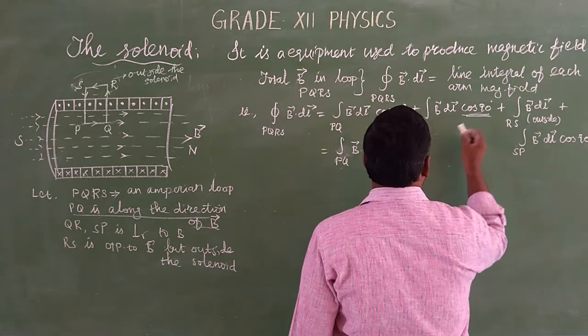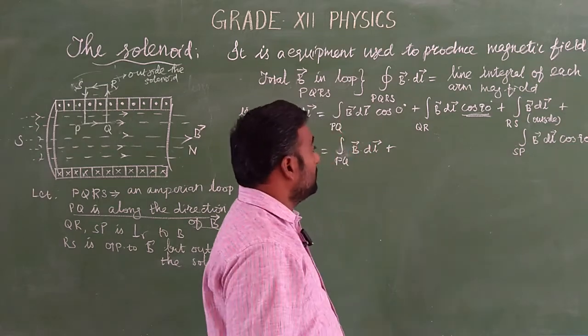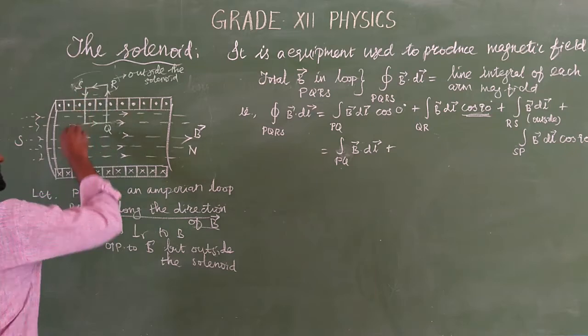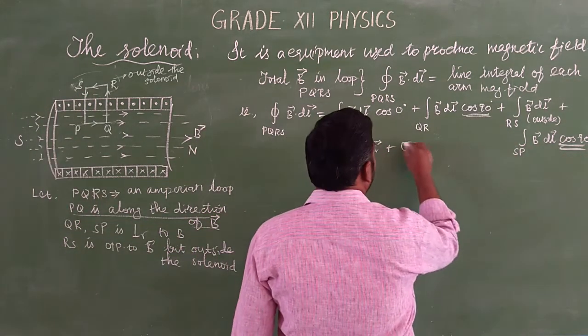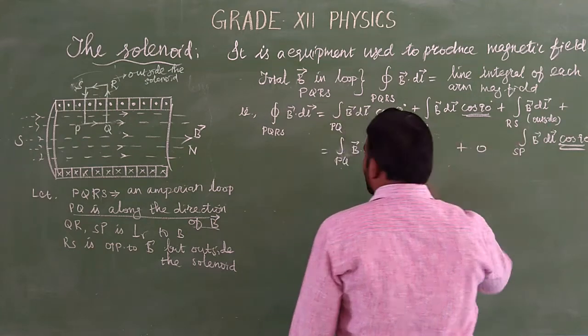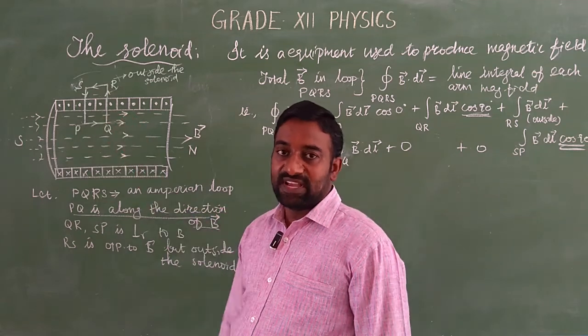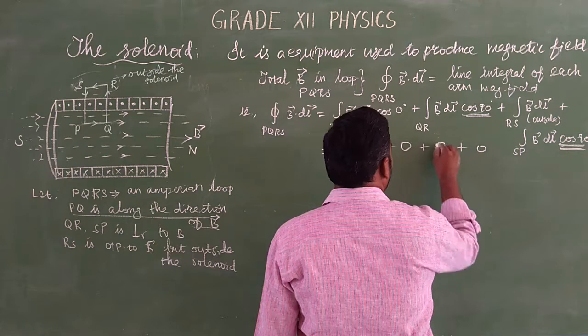So the perpendicular arms do not contribute any magnetic field. So the magnetic field contribution by the two perpendicular arms QR and SP becomes 0, 0 plus 0. But outside the region, the magnetic field is very weak and that becomes 0. Okay. So outside also the magnetic field becomes 0.